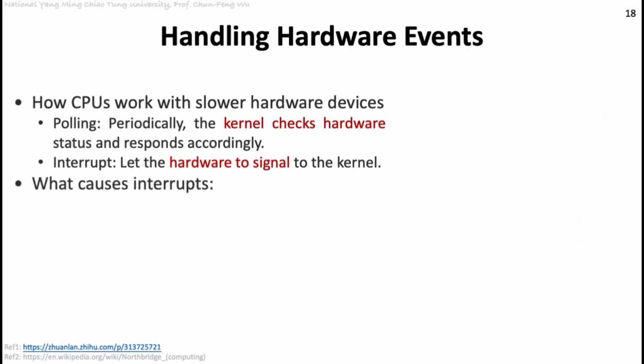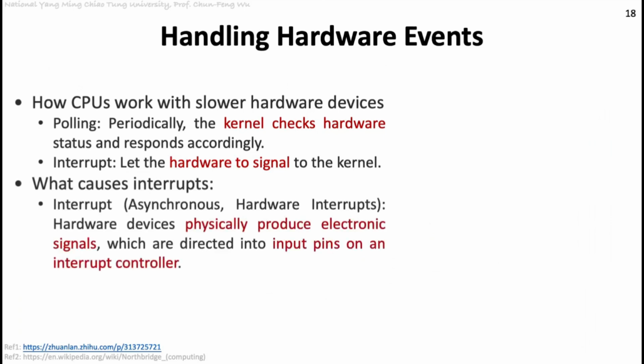So what causes interrupts? There are several ways to send interrupts, but you can think of it as a device physically producing electronic signals to the system, which are directed into input pins on an interrupt controller.